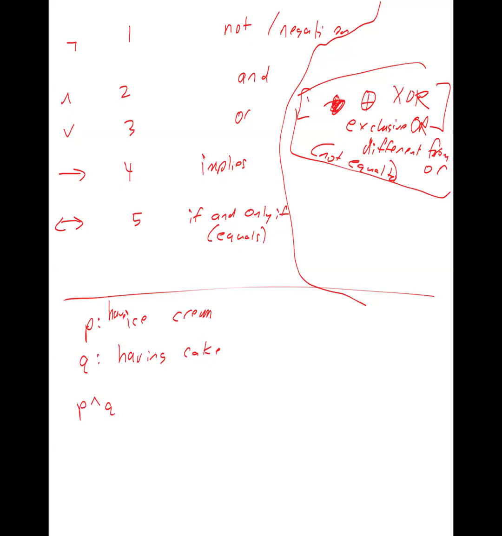What does that mean? That means that I was having ice cream and cake, right? Okay, now, so that's the second one. Now I'm going down the list of priority. The one has the highest priority, two has the second, three has the third, and so forth.